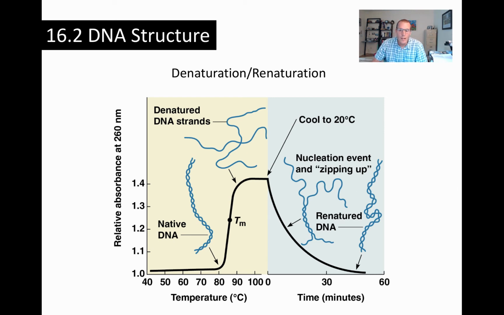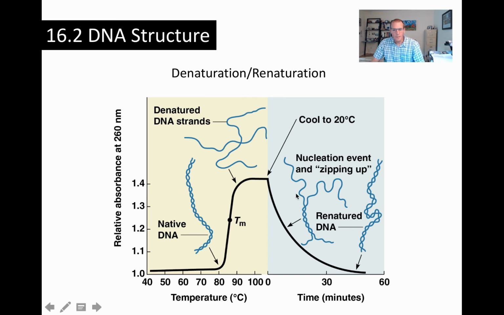We can then renature or reform the double helix by cooling over a period of time, and what happens then is that the DNA will find sequences that are similar, and they will snap back together, and hydrogen bonds will form as we reduce the temperature and wait over a time course.